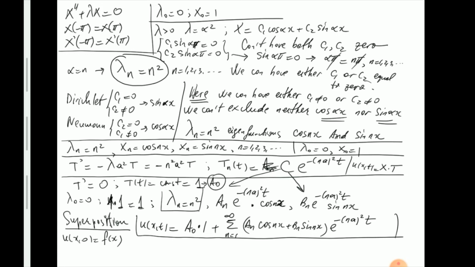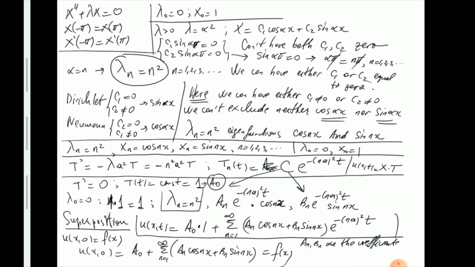Because when you replace t with 0, remember e to the 0 is 1, then you end up with a Fourier series, which must match the function given in the initial condition. So that means an and bn are the coefficients of the Fourier series of f of x on the interval minus pi to pi in this case.